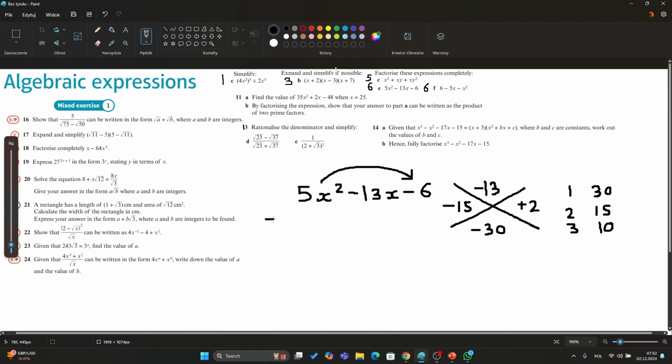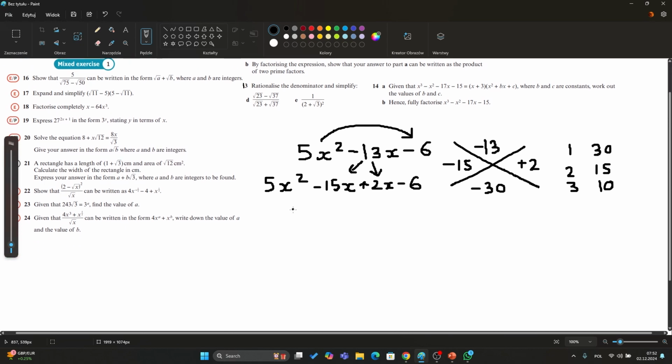So here this gets split into 2, like so. And here we divide by 5 to solve them independently.